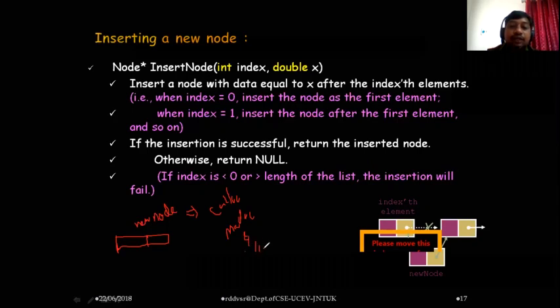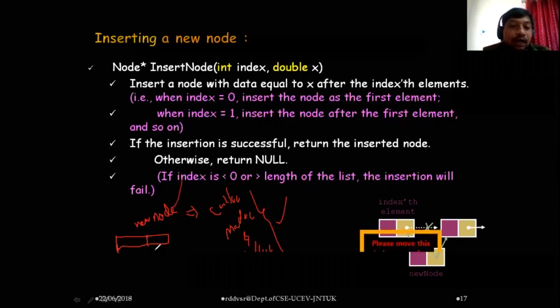I think you might have studied this in your C course, dynamic memory allocation. By using calloc and malloc, you can create objects as and when they are required. Either by calling calloc or malloc, we can create a new node.